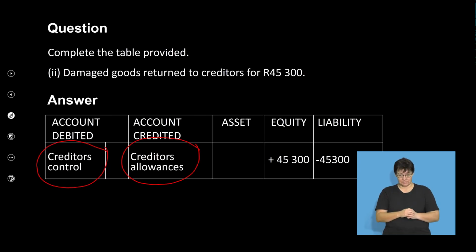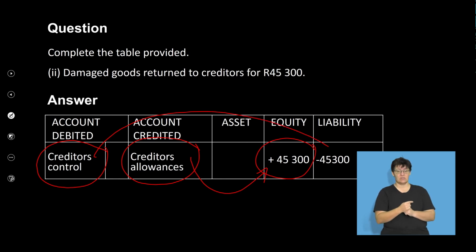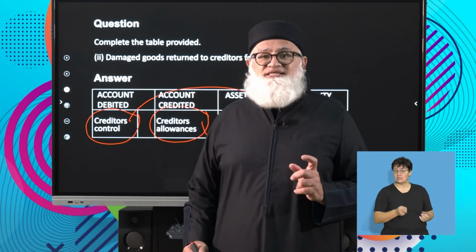Your equity increases by 45,300, and you must be asking why. Let's do the liability first. Creditors control, obviously we know, will decrease because we are returning goods, clearly. So you're owing your creditor less money. But why is my owner's equity increasing? Now this is the reasoning behind it.